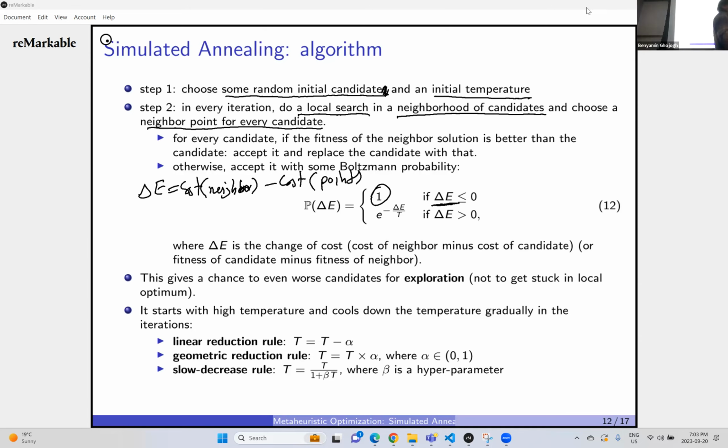At initial glance, you might say, reject it, right? But there is a philosophical question here. Should we reject all worse candidates? If I reject all worse candidates, what happens? I will get stuck where I am. I will get stuck in the local best. I will only exploit.